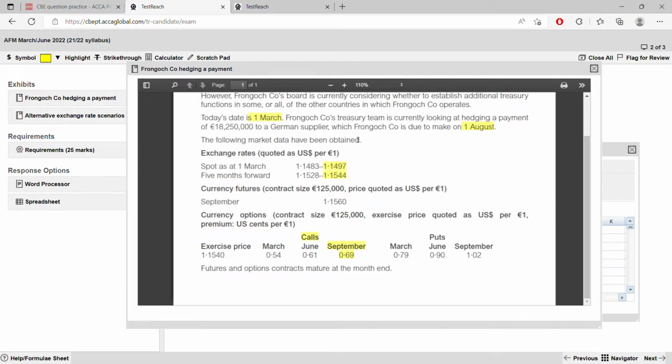So from 1st of March till September, it will expire at the end of September. March, April, May, June, July, August, September, 7 months. Out of 7 months, 1st of March to 1st of August is 5 months. So it has been used for 5 months out of the 7 months.